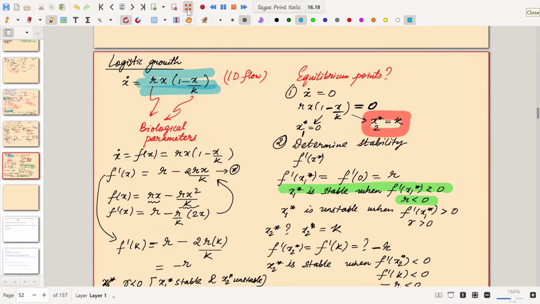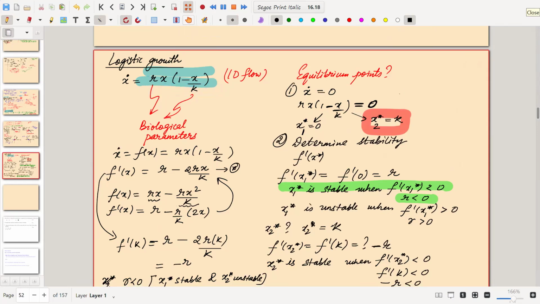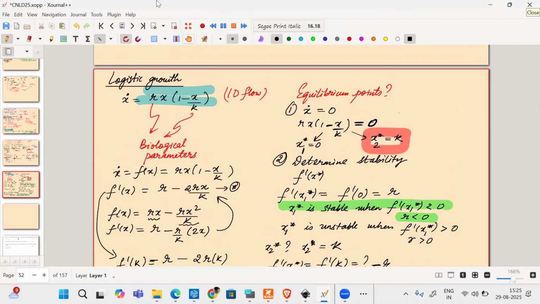Are you able to see something like this? Maybe I can draw it here again. You might see something like this.